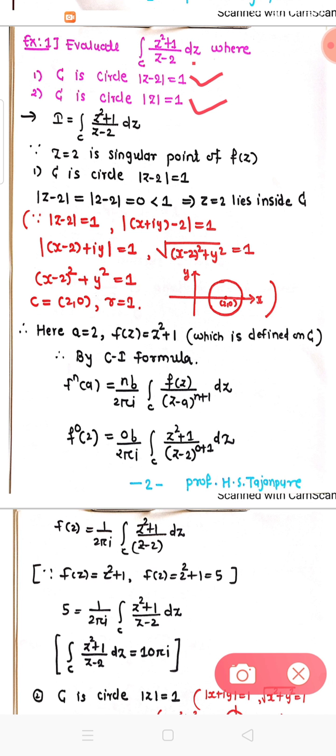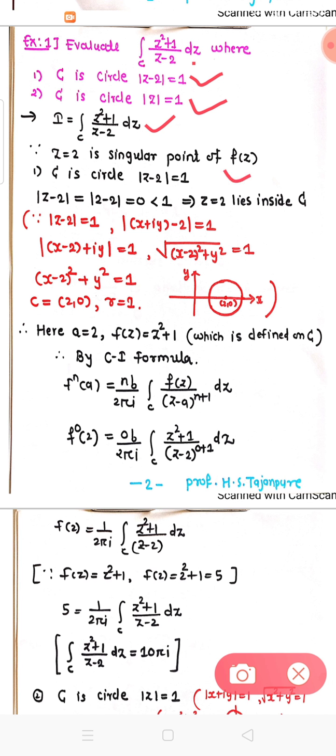So let us denote the given integral by I. The very first step of the example is to denote the given integral by I, which is equal to the integration of (z square plus 1) upon (z minus 2) dz.